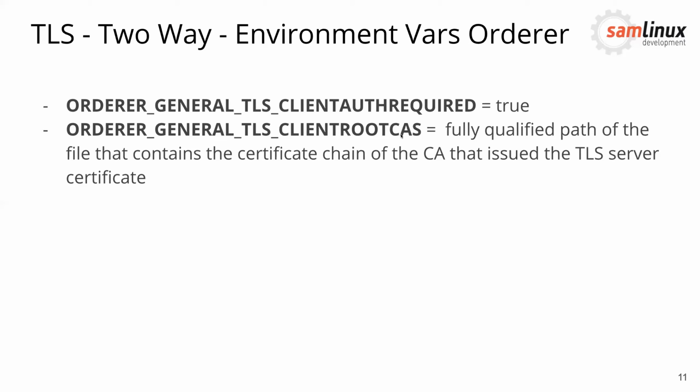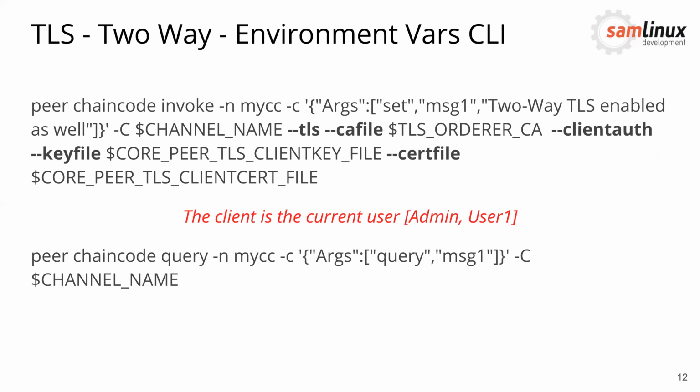And with these environment variables set in the Docker Compose file, we can enable TLS in this way. And of course, when you have enabled one-way or two-way TLS, then you have to use it as well.